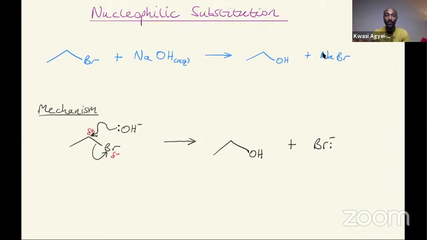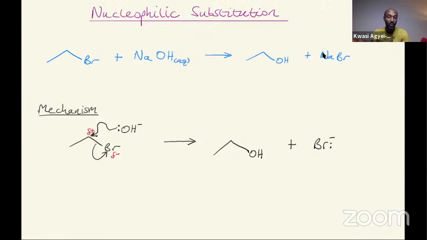So nucleophilic attack comes from your species with a pair of electrons, or a lone pair, that it can donate to our electrophile. The electrophile in this case is our halogenoalkane, and the electrophilic carbon is the carbon of your C-Br bond. Okay, so that's our nucleophilic substitution mechanism.